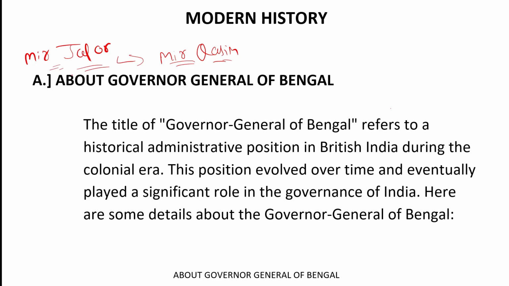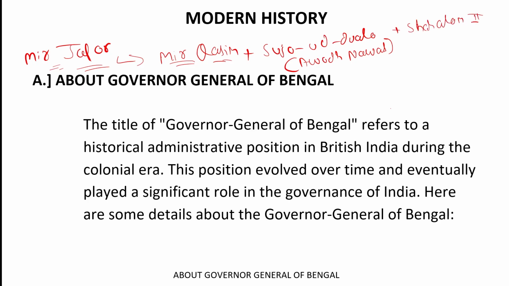Mir Qasim then aligned with Shuja-ud-Dowla, the Awadh Nawab. Do not confuse Shuja with Sirajud-Dowla. He also aligned with Shah Alam II, who was the Mughal ruler at that time.